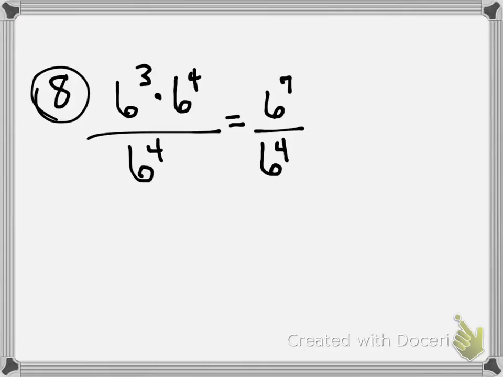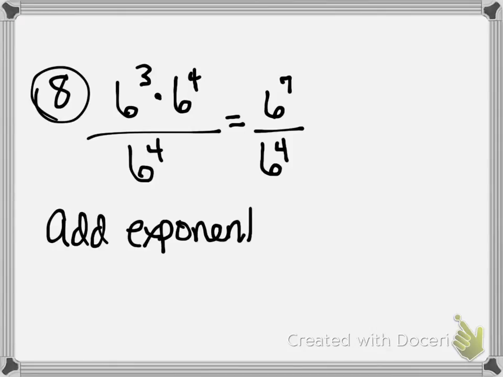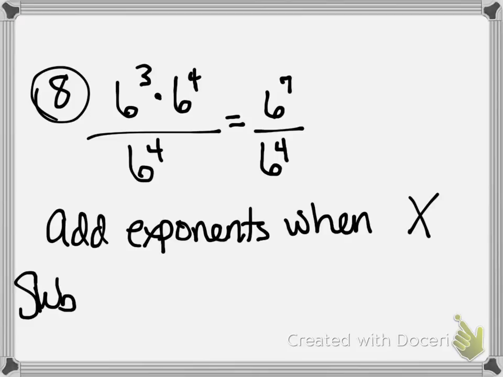Now that brings us to the properties of exponents when we divide. So are the bases the same? Yes. Both bases are 6. Well, if you add exponents when you multiply, then you subtract exponents when you divide.